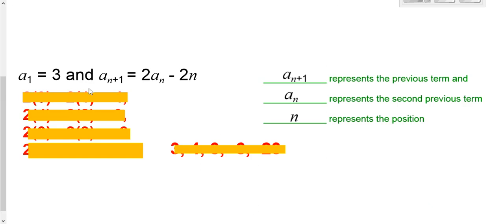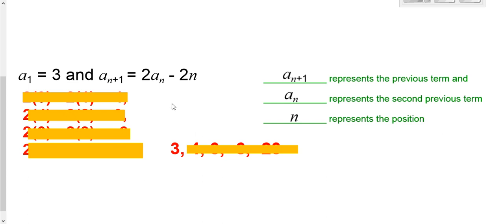Now, consider this one. A sub n is still representing my previous term. So I need to go 2 times my previous term minus 2 times n. Ooh, n. N is really the position of that previous term. So I'm going to start out with 3.